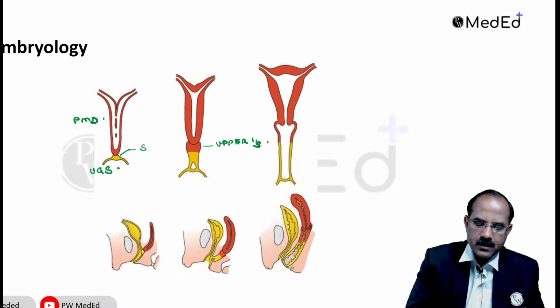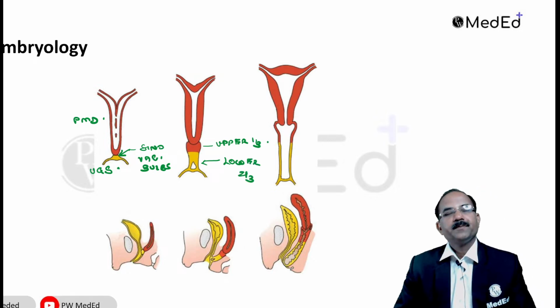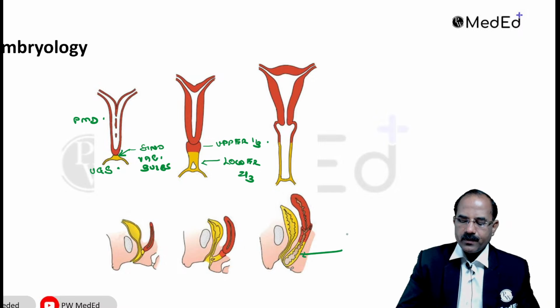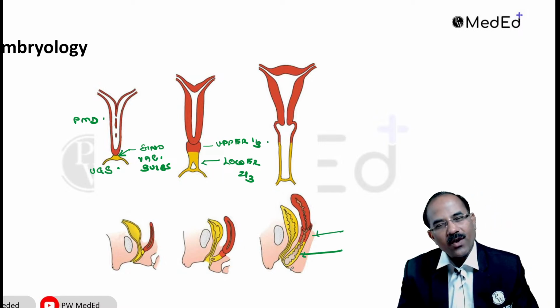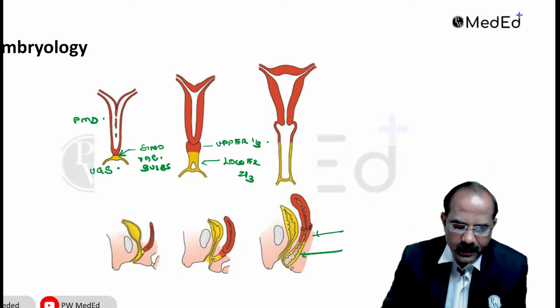What is this known as? Sino-vaginal bulbs, which form the lower two thirds of the vagina. That's upper one thirds of the vagina. Fine, clear to all of you? Right.